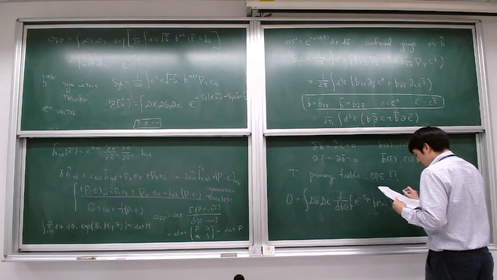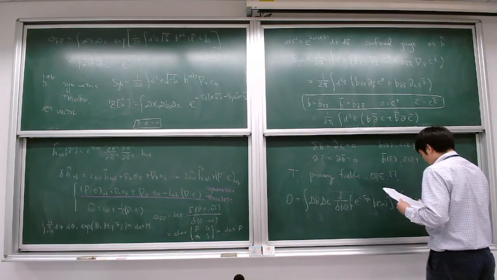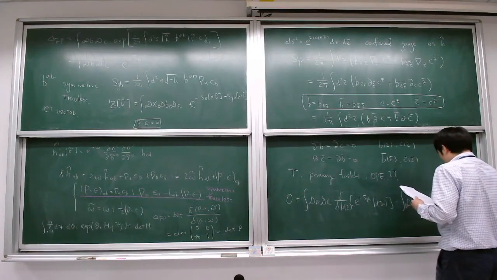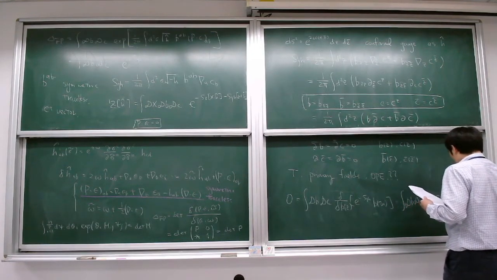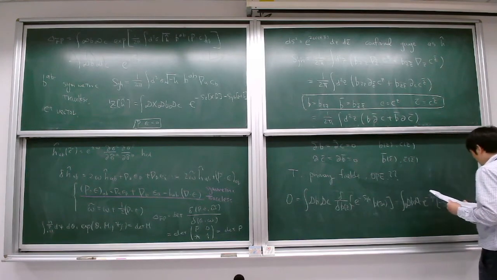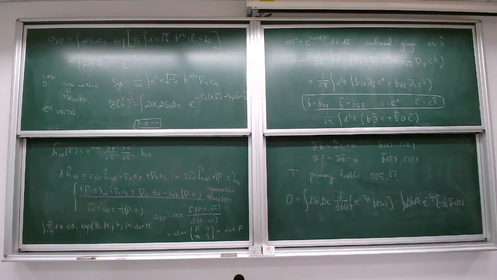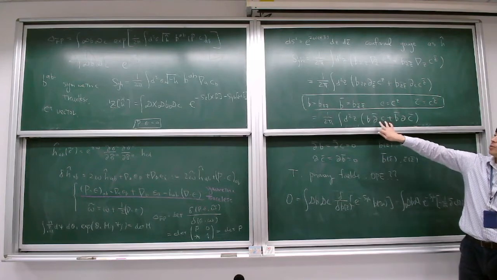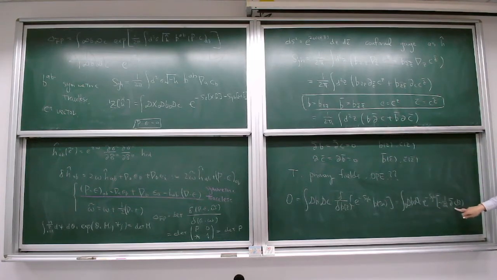Then what you get is the usual thing, e to the S ghost, minus 2 pi delta c. So this first b acts here, and you bring delta bar c into here, and then you multiply b(w). Okay. So that's the first contribution.